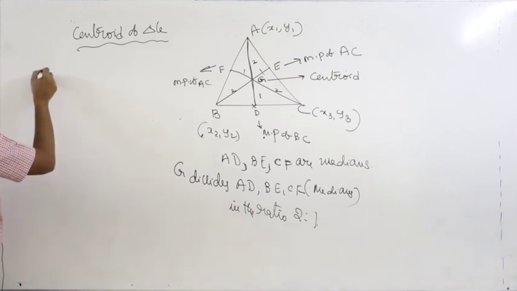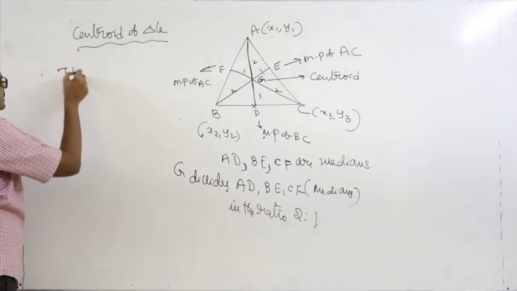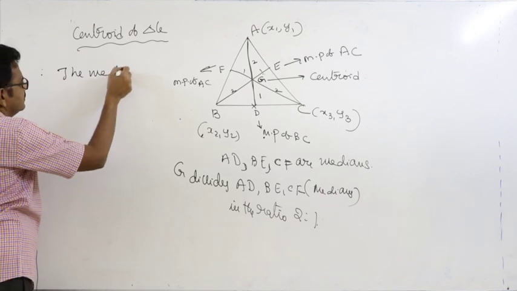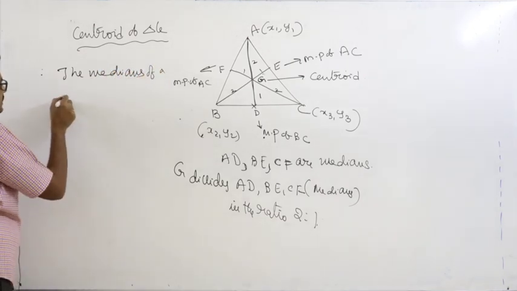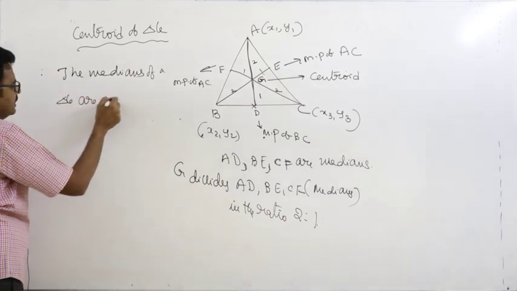Here, centroid. The medians of a triangle are concurrent.